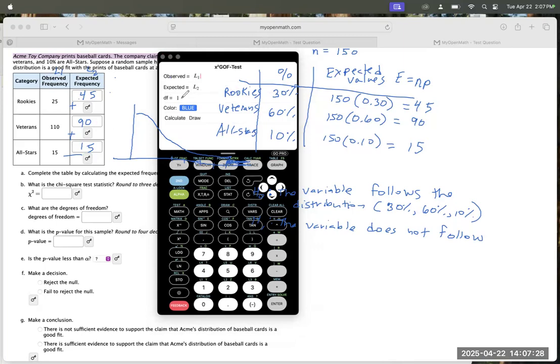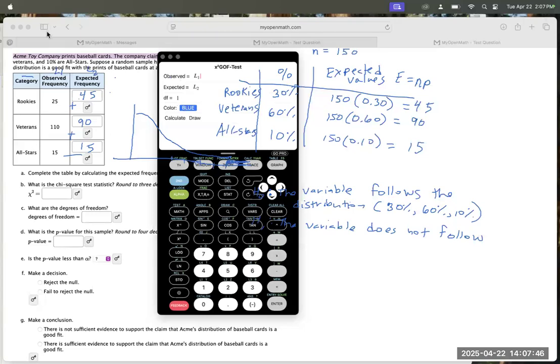The degrees of freedom is the number of different categories. You can see from this problem, it says category at the top here, so we have 1, 2, 3 different categories.